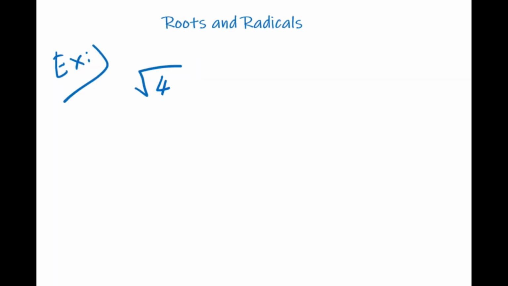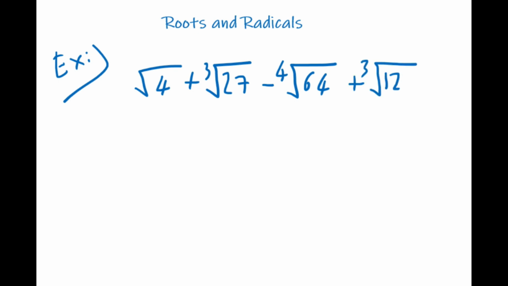For example, let's say we have the square root of 4 plus the third root of 27 minus the fourth root of 64 plus the third root of 125.